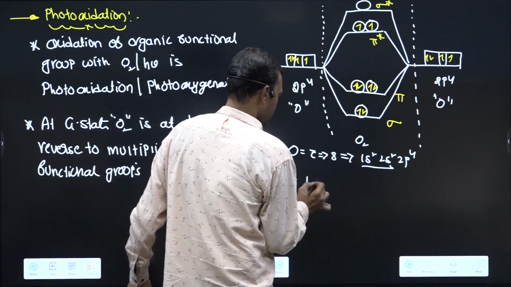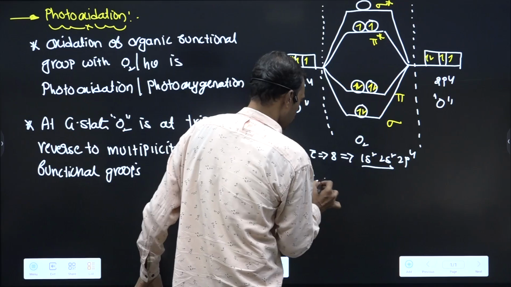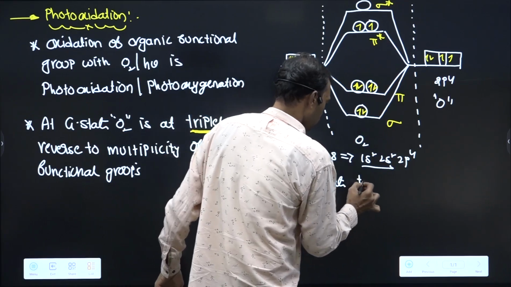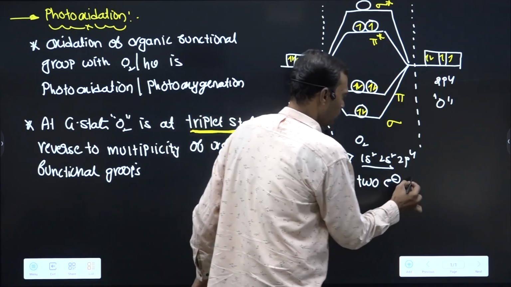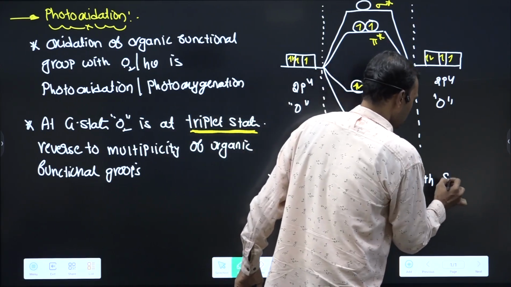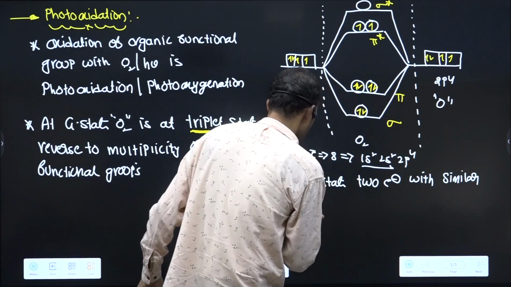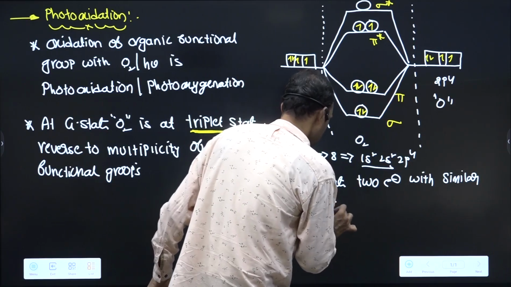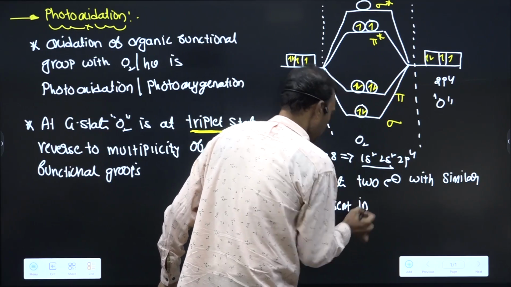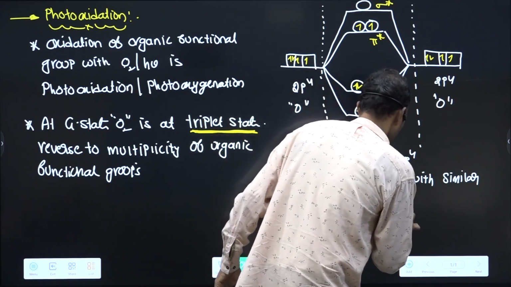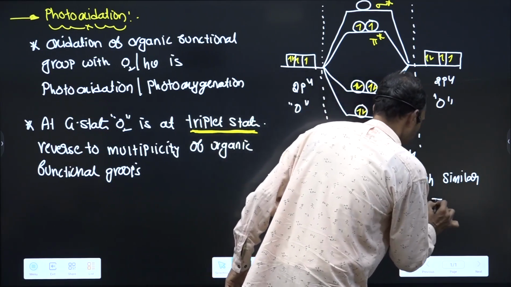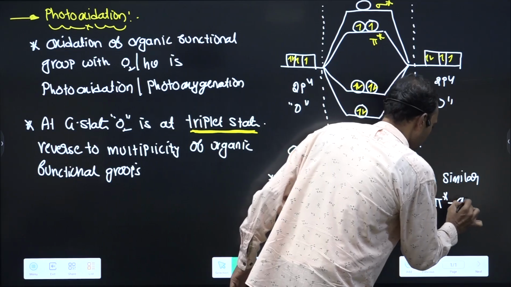So we can write like this. At ground state, 2 electrons with similar spin present in different pi star antibonding orbitals.